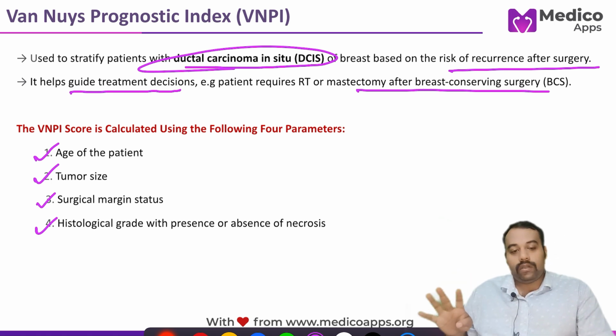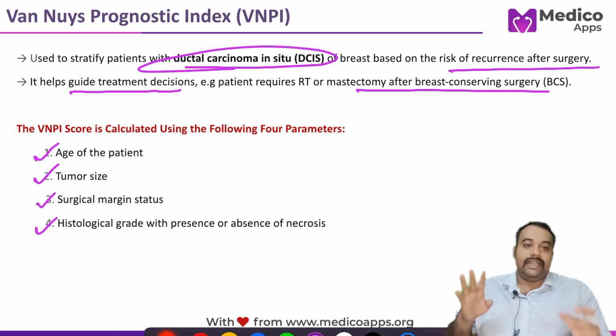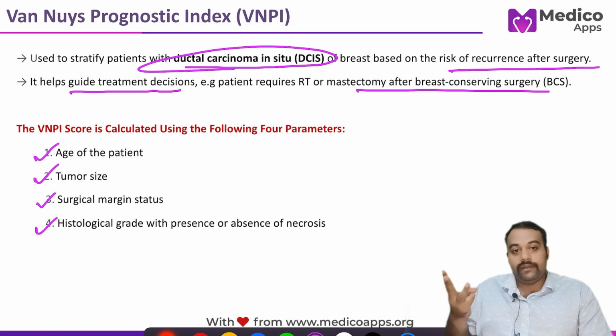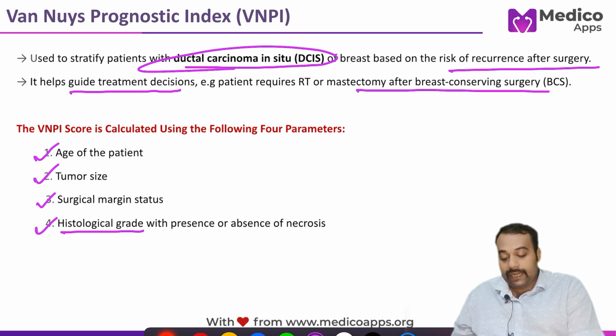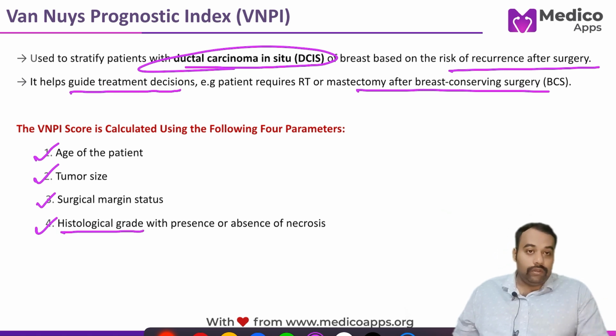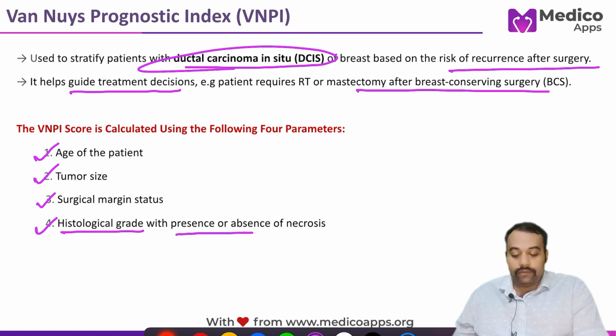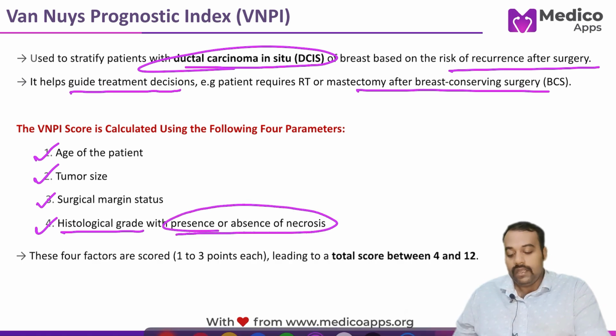So the four parameters used here are: number one, the age; number two, the margin status; number three, the tumor size; and number four, the histological grade, which also includes whether there is presence or absence of necrosis, right?